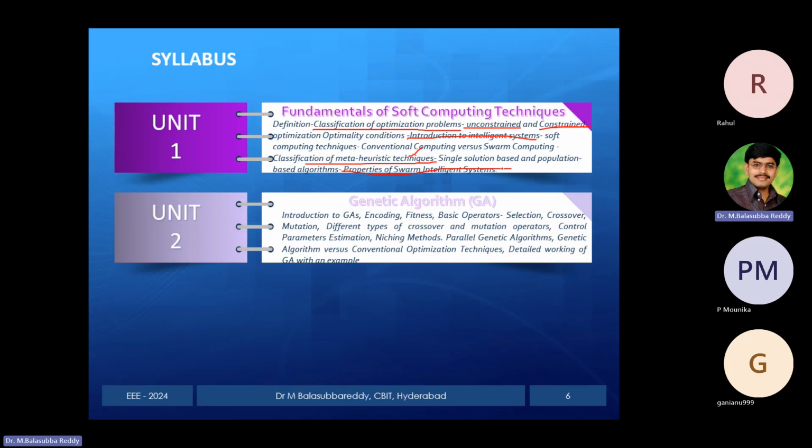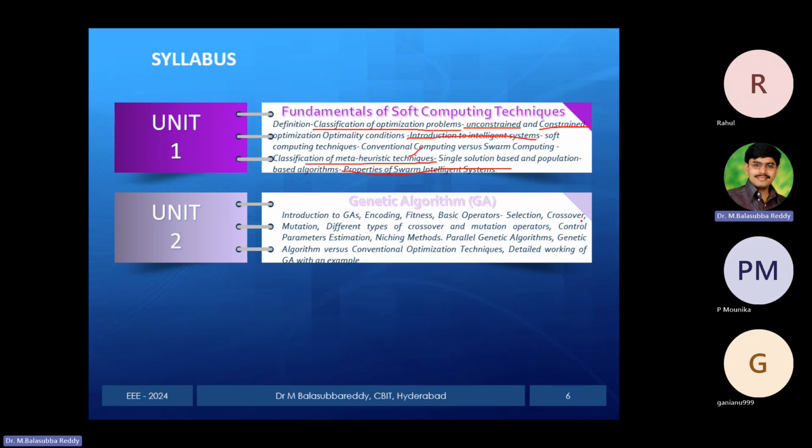Now you can see the second unit. What are the topics? There is a basic algorithm here, which we call the genetic algorithm. It is an old algorithm, but it is a base for all other algorithms also. Introduction to GA, encoding, fitness, basic operations like selection, crossover, mutation.